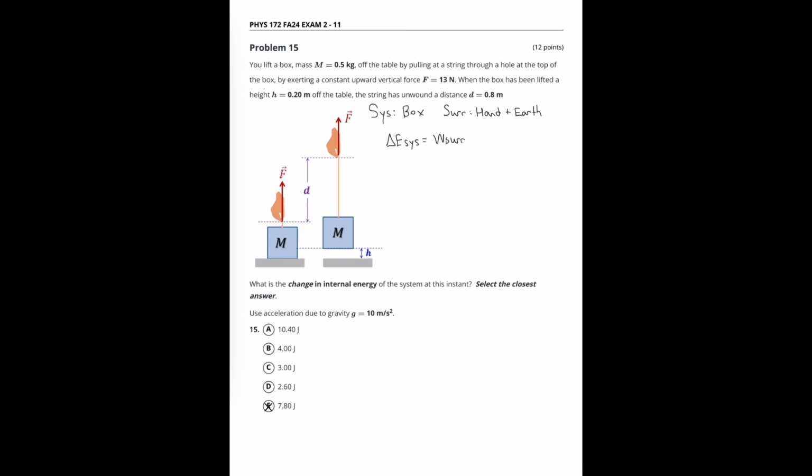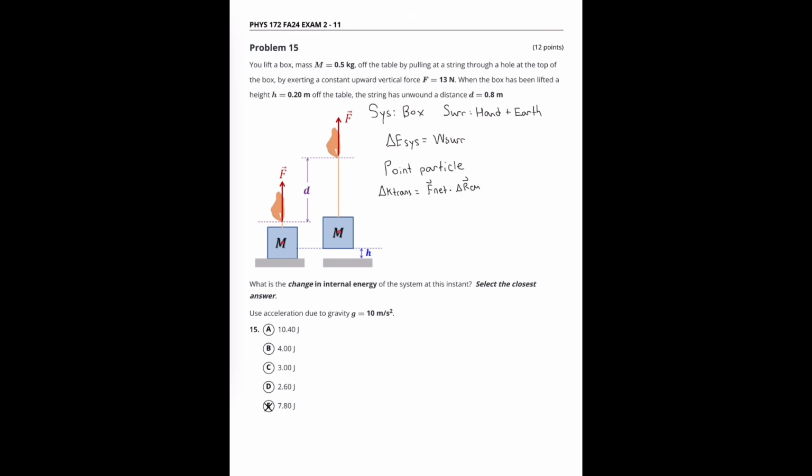But first, we have to identify our point particle, which is the center of mass of the box. So we have that the translational kinetic energy is equal to F net times the change in the position of the center of mass.